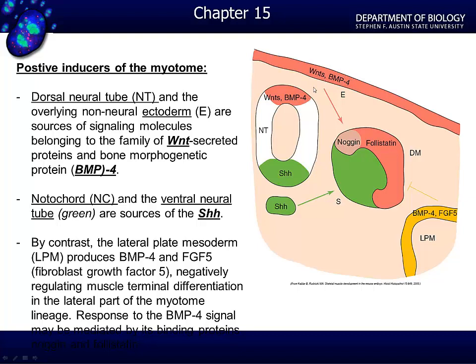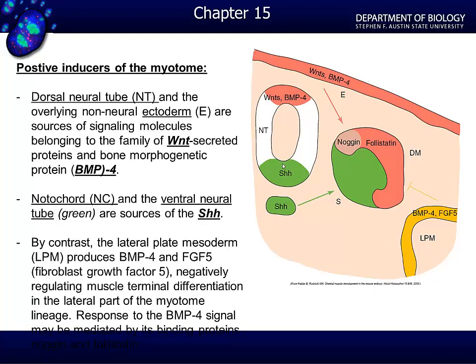Both of these are going to be positive inducers of that myogenic pathway and of developing the myotome from our somite. We're going to see that the notochord and even this ventral part of the neural tube that we've shown in green, they are also going to have a positive influence.